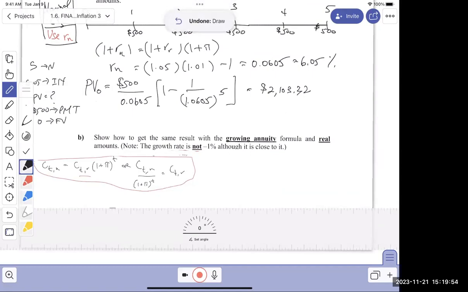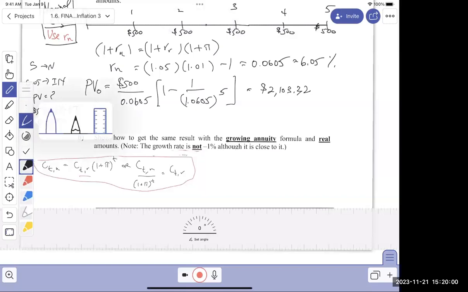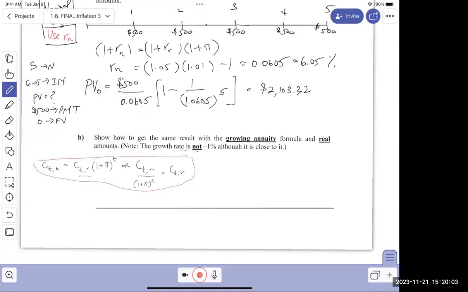One more time. Okay. That means I have to take the 500, because one period of inflation passed, and it is going to be deflated like that.